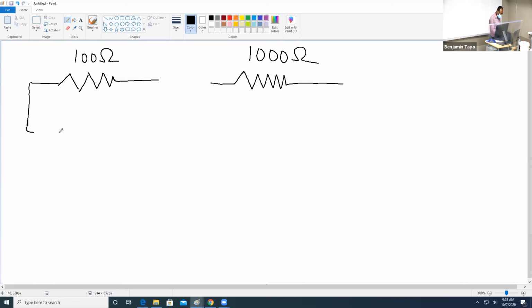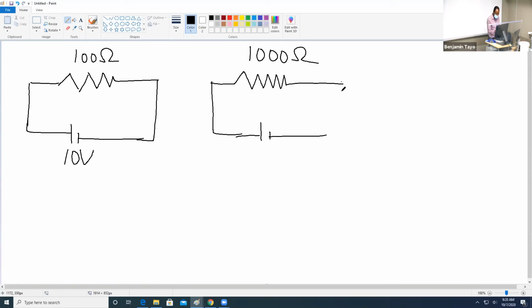If I take this and connect it to 10 volts, then here I get a current of 0.1 amps, and here I get a current of 0.01 amps.